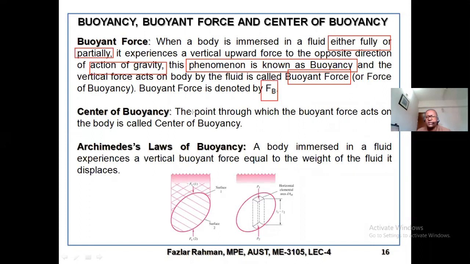Now, center of buoyancy: the point through which the buoyant force works in the upward direction is called the center of buoyancy. Say you float a brick type object, that means a rectangular object, in water. Then its buoyant force might work through the CG of the body, and the weight works downward.